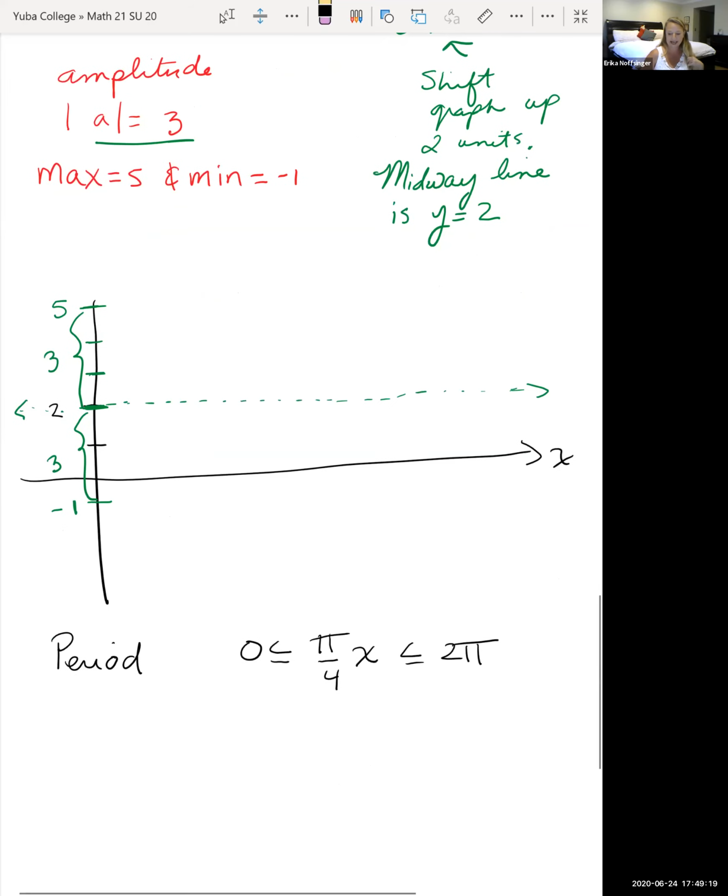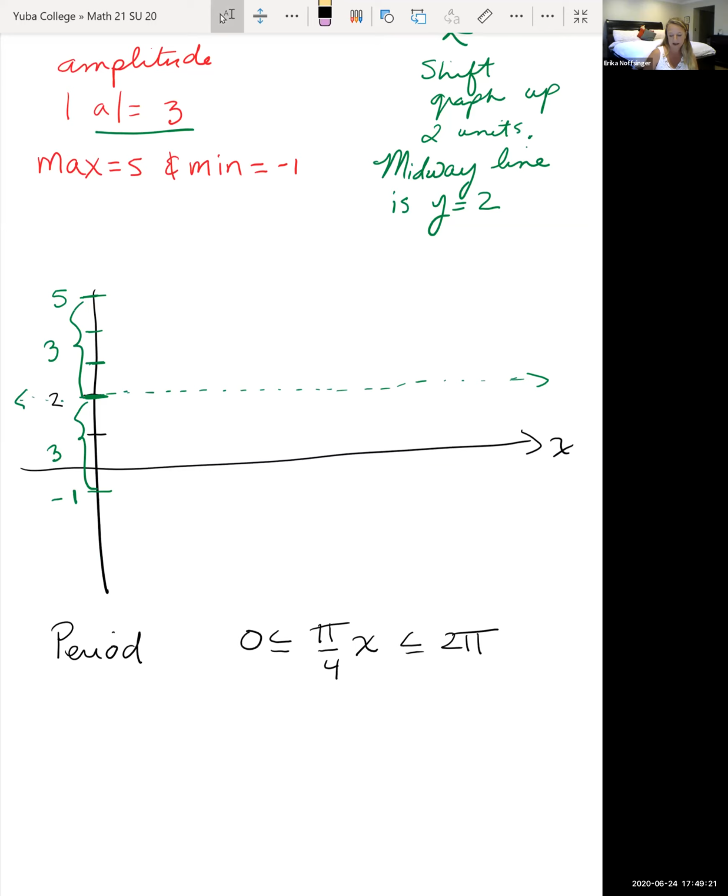Our goal is to get x by itself. So I need to get rid of the pi fourths in front of the x. Think of it as we can multiply by the reciprocal of that pi fourths. So if we multiply every single term by 4 over pi, that would make that coefficient in front of x 1.